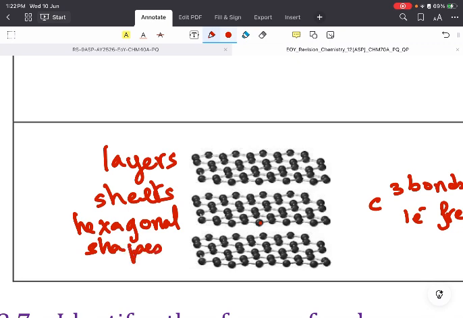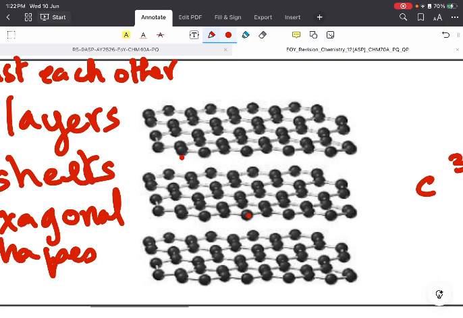They can slide past each other, and the intermolecular forces exist in between. So these sheets slide past each other, making it a good lubricant, and the free electrons floating around make it a good conductor of electricity.